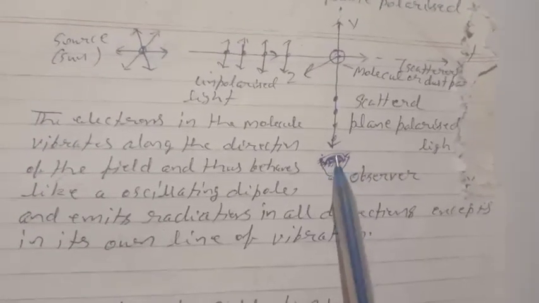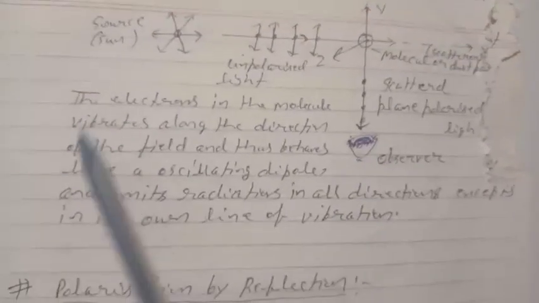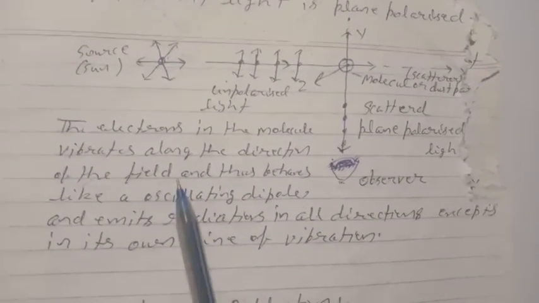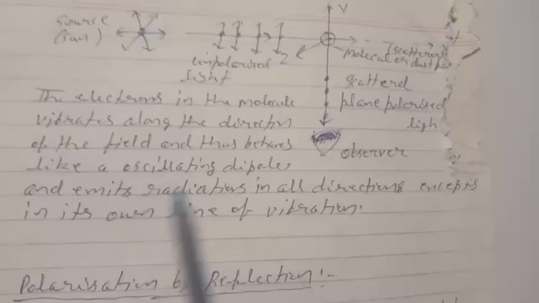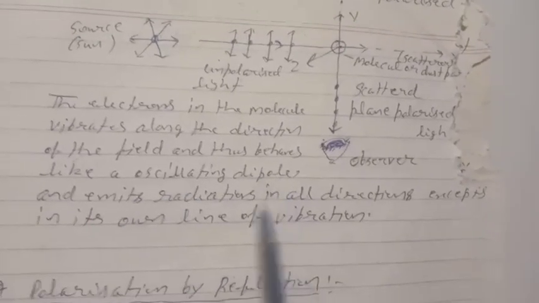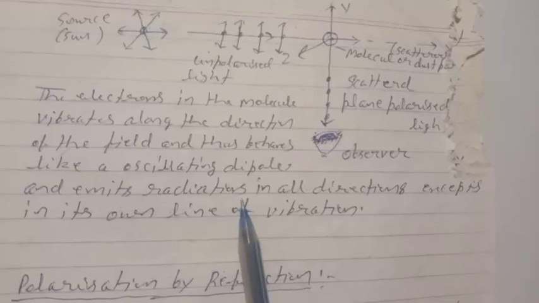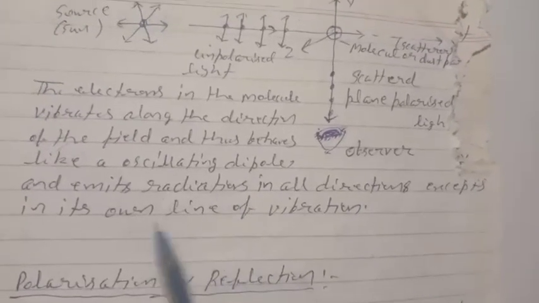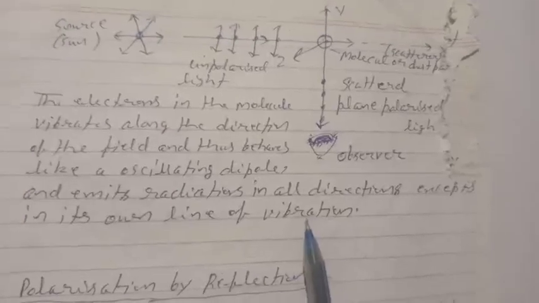There is the observer who sees this light. The electrons in the molecule vibrate along the direction of the field and thus behave like an oscillating dipole and emit radiation in all directions except along their own line of vibration.